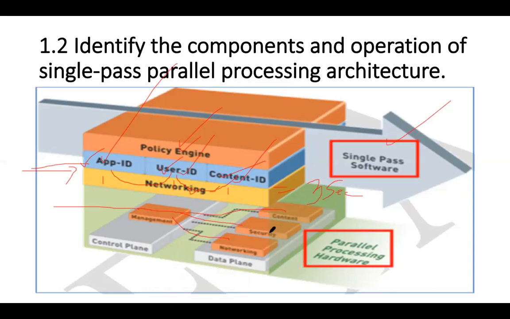It's not one by one, it's parallel. So in 1 second, the copy of the image was sent to each. Within 1 second itself, the Palo Alto does its job, analyzes the packet, and then forwards it.